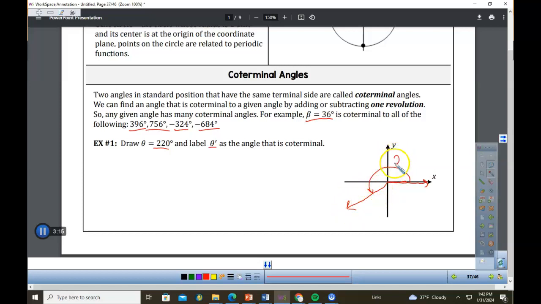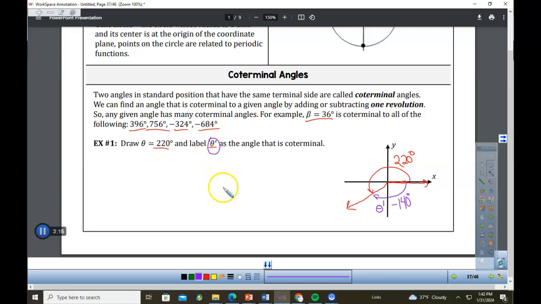I'm going to draw my 220 degree angle with my terminal side and initial side. Now, how else could I have gotten there? Well, I could have gone this way, but that way's negative. I could have subtracted 360 from 220 to get negative 140 degrees. And that'd be my coterminal.